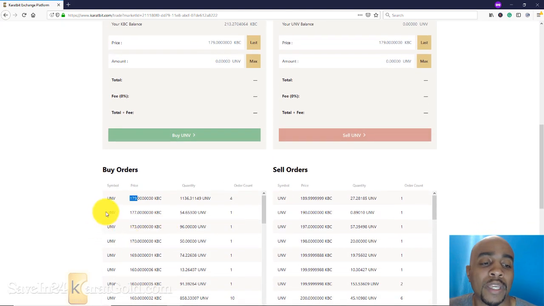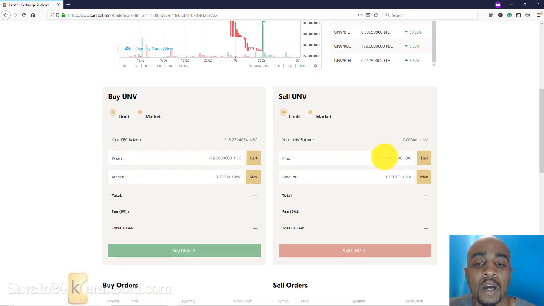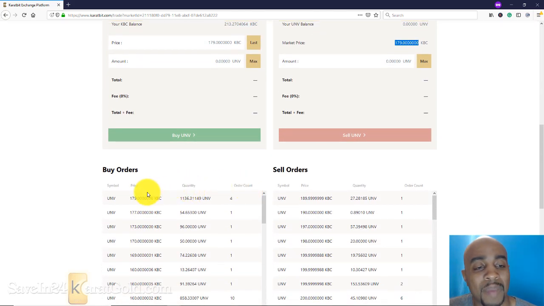You may not want to get it at that price. You may want to wait until the market moves up to 199. In that case, you won't be able to do that on the market. So when you click on market, that's telling you, hey, I just want to get some KBC now at whatever the market price is. This number here is always going to match the last number here. That's where that number comes from.